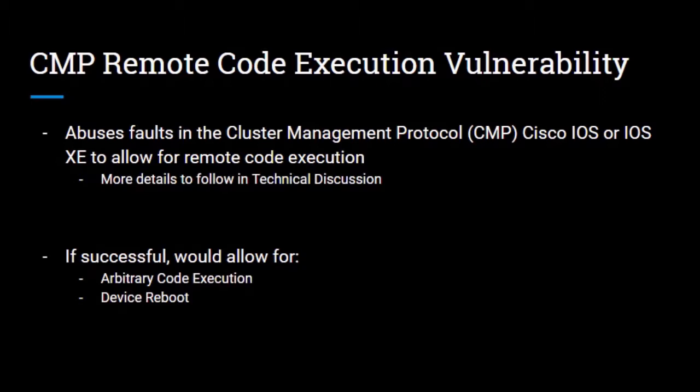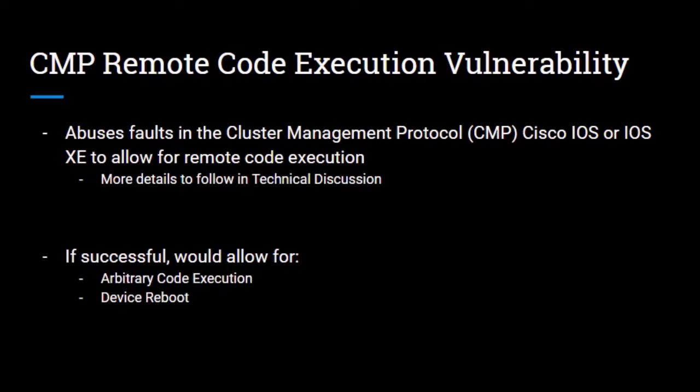So what's gonna happen if the attacker successfully does his or her attack? If the exploit works successfully, the attacker can run arbitrary code remotely, which gives the attacker full control of the switch.